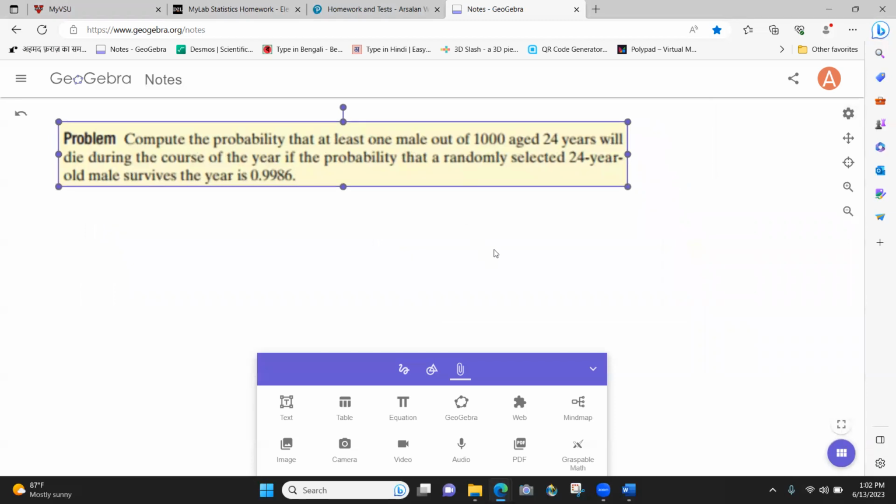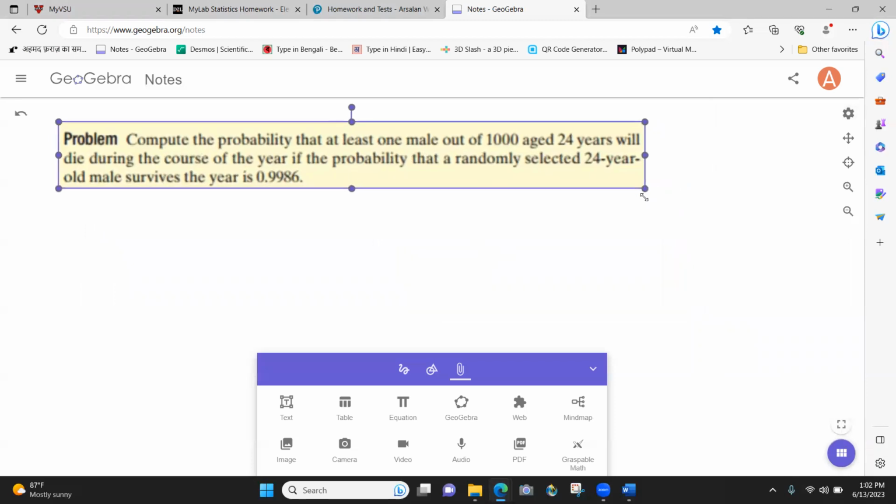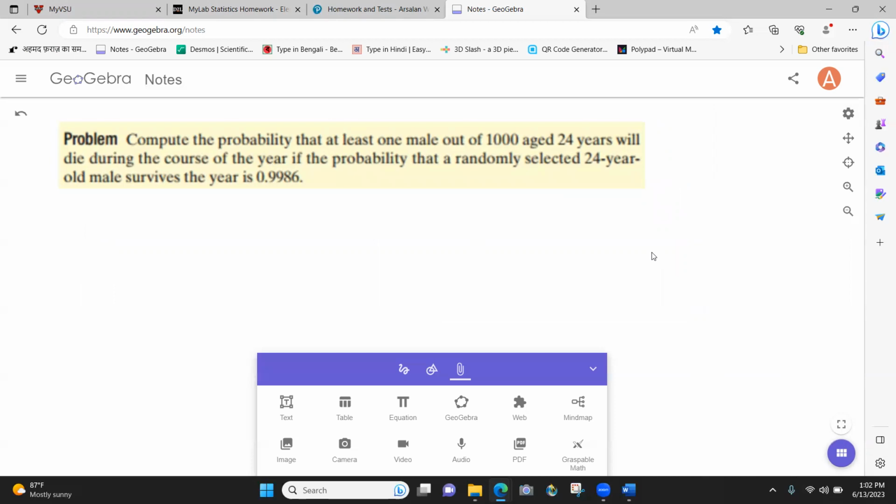Let's read it. Compute the probability that at least one out of 1,000 males aged 24 years will die during the course of the year, if the probability that a randomly selected 24-year-old male survives the year is 0.9986. Now, take a deep breath.